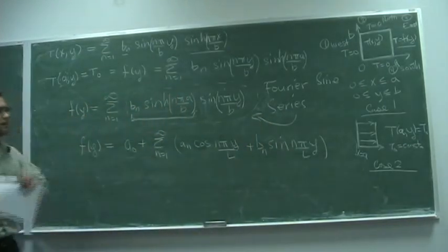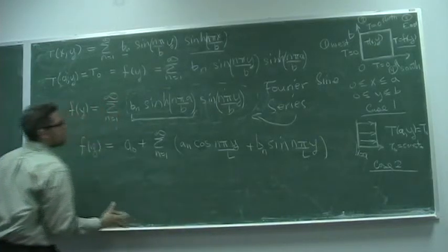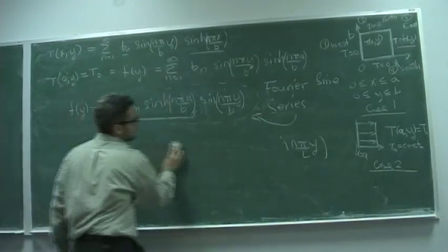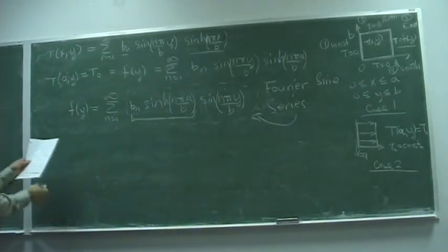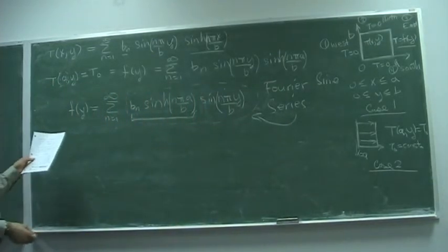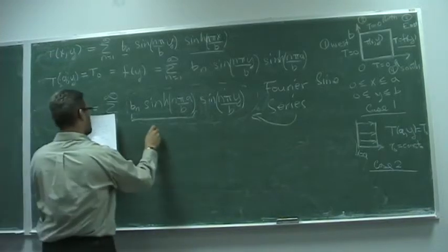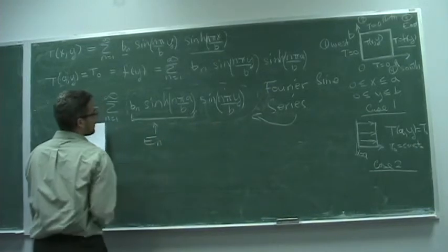So I'm connecting that to what we know from before. We're going to use what we know about that, and I'm going to go ahead and erase what we had on our cheat sheet. We're going to use it to solve for our particular case. So let's just call this E sub n, for lack of a better term.